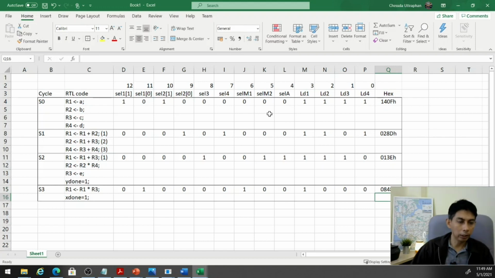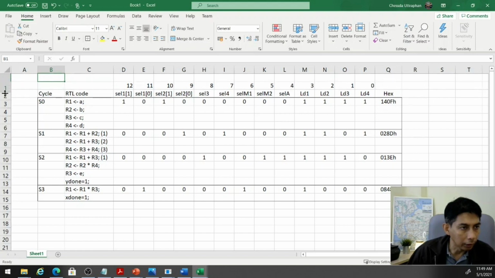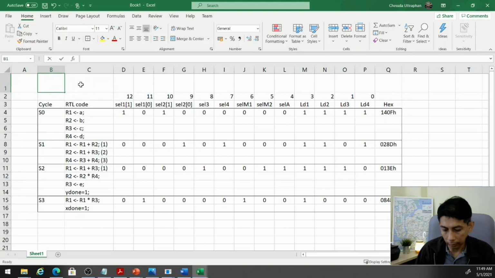Right? So this is our RTL control sequence table, right? We can name this as RTL CS, control sequence table.